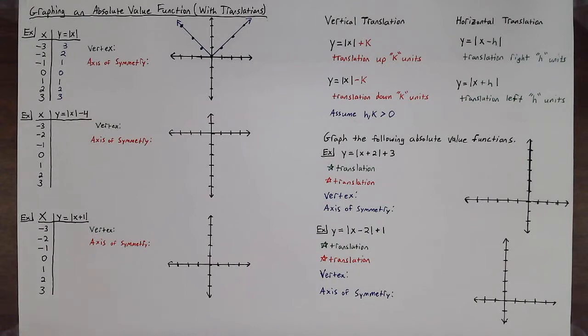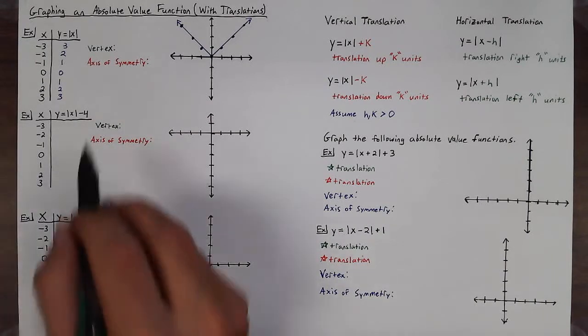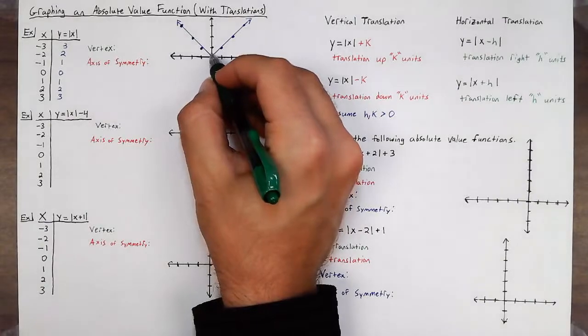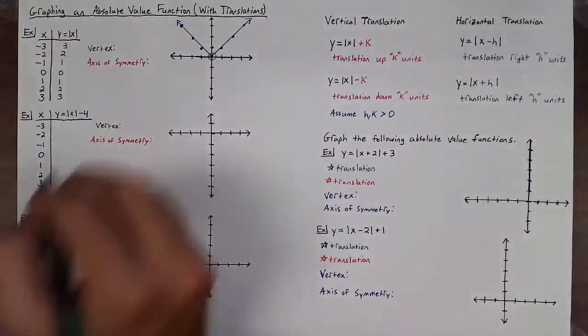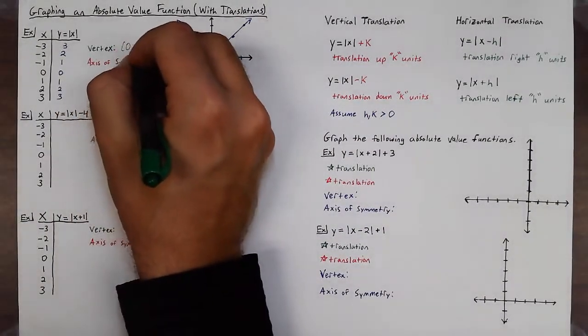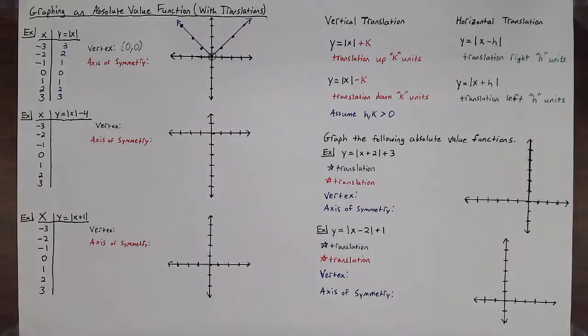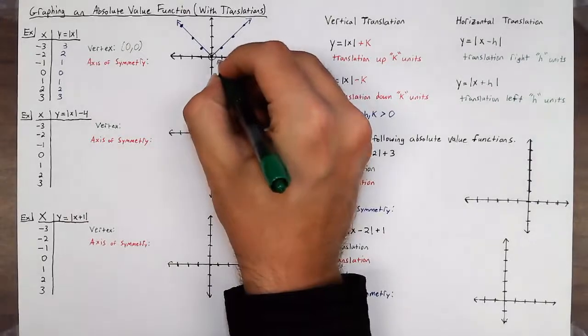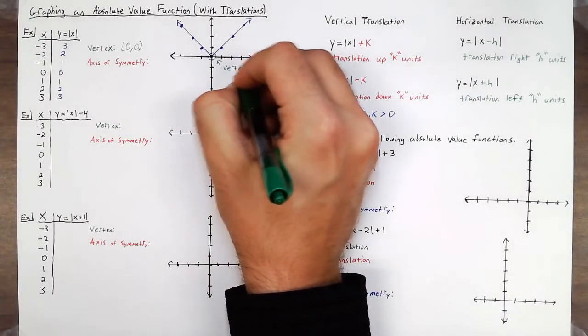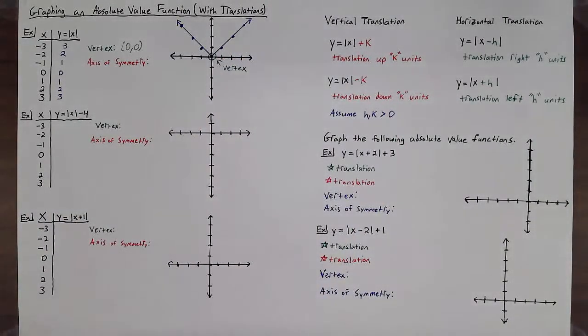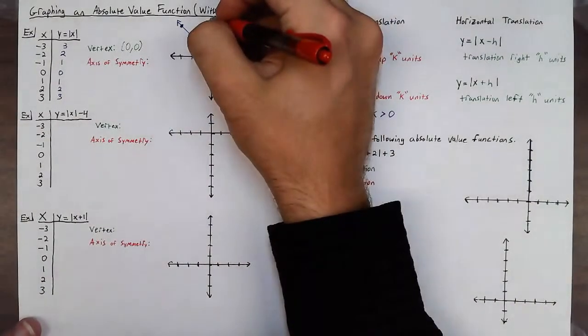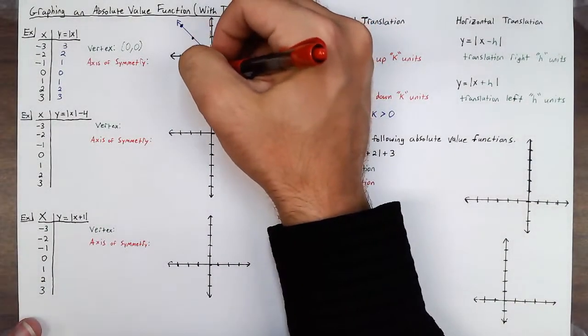Now there's a few key characteristics. First being that there is a vertex to this graph, which happens to be at 0, 0. And also it's a very symmetrical graph. And there is a vertical line that cuts it right in half and creates mirror images on both sides.